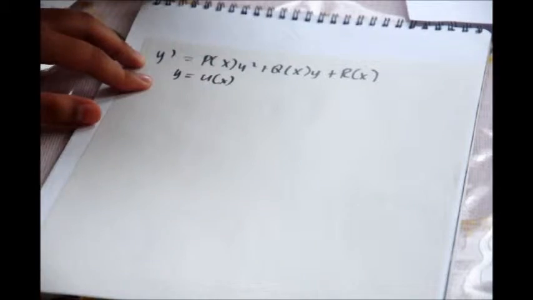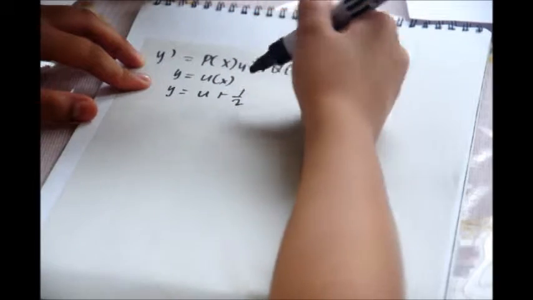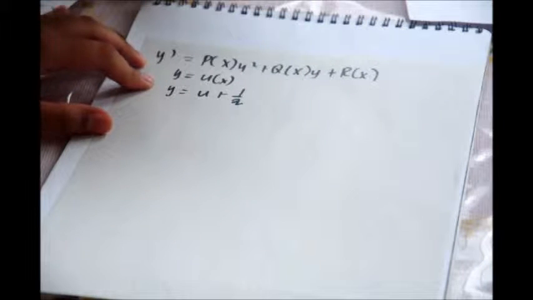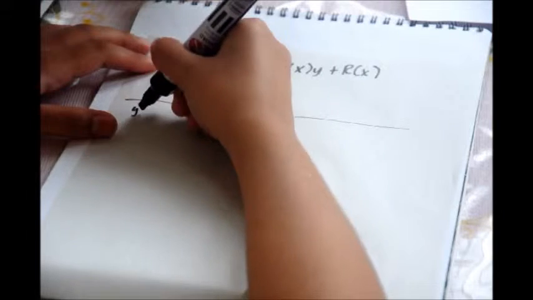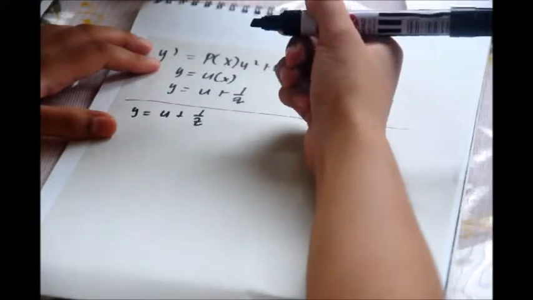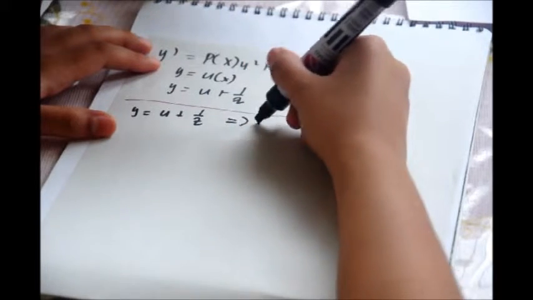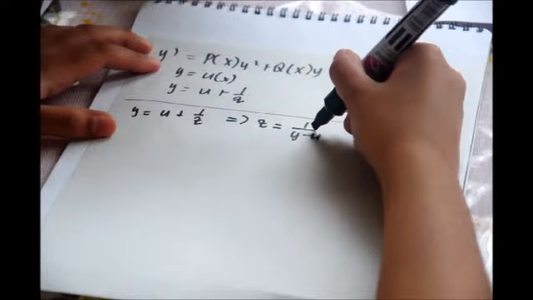By substitution of y is equal to u plus 1 over z, the equation can be transformed into a linear first-order equation with a new dependent variable z. So now, let's proceed to the problem. Given is y is equal to u plus 1 over z. That is, z is equal to 1 over y minus u.